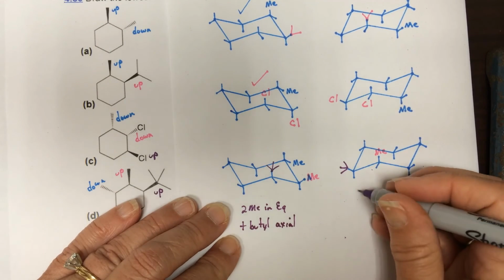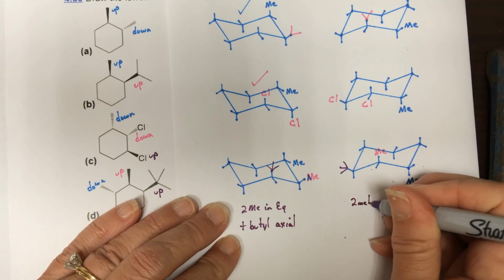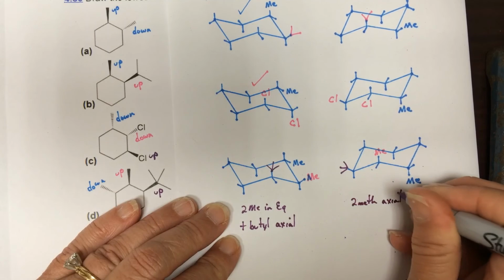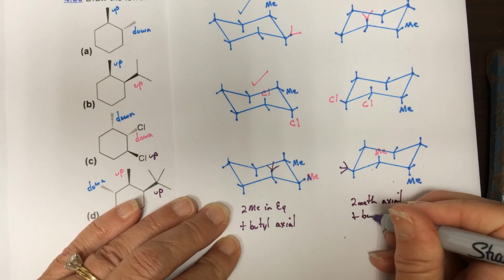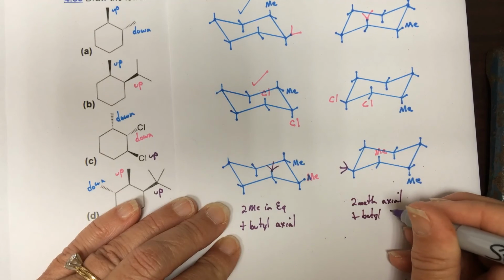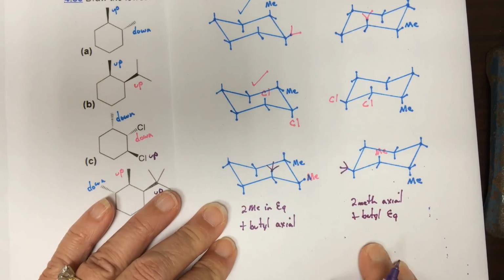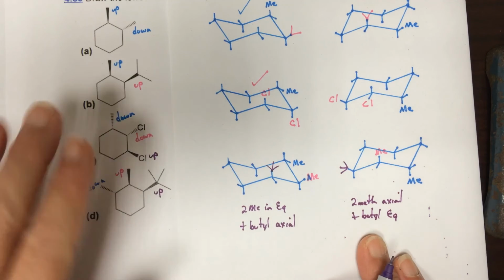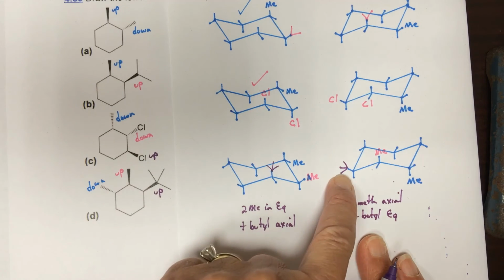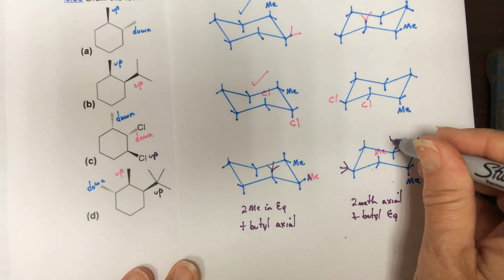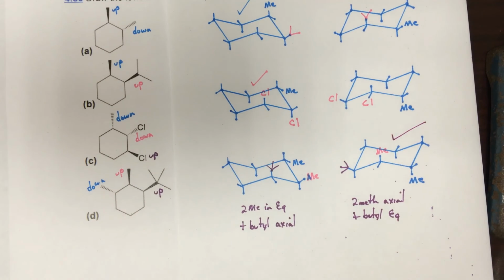Here we've got the 2 methyls in axial, and the T-butyl is equatorial. If we look at our chart at the top of the page, we'll discover that the T-butyl has much more effect, and so we expect that this one will be the more stable.